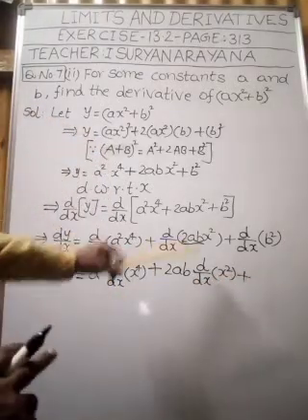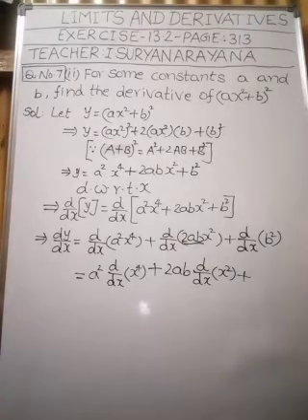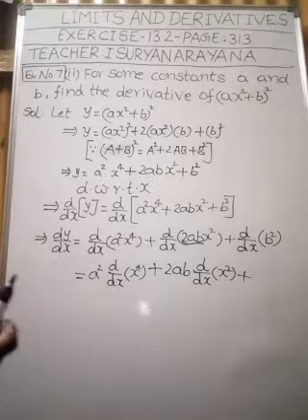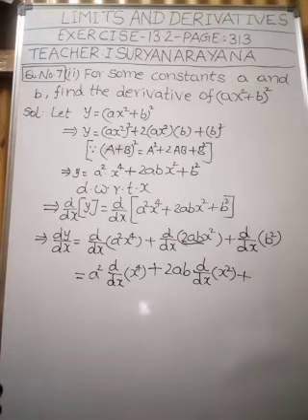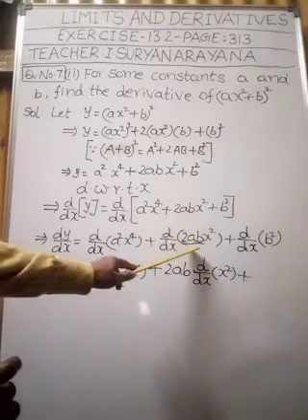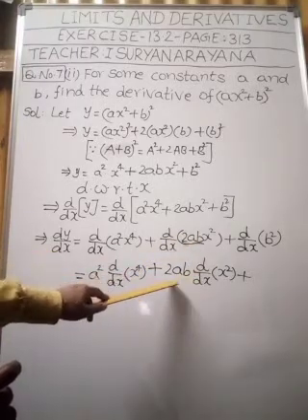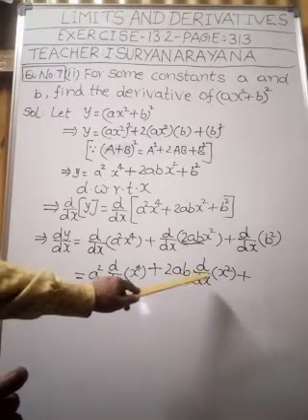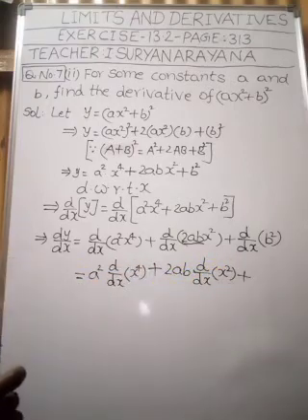Understood this point, my children? Right. Because numerical coefficients can be written before the differential operator. In any term, if a numerical coefficient is there, then that numerical coefficient can be written before the differential operator. Then we take the derivative of the remaining part of the function. Okay, my children, keep this point in your mind.